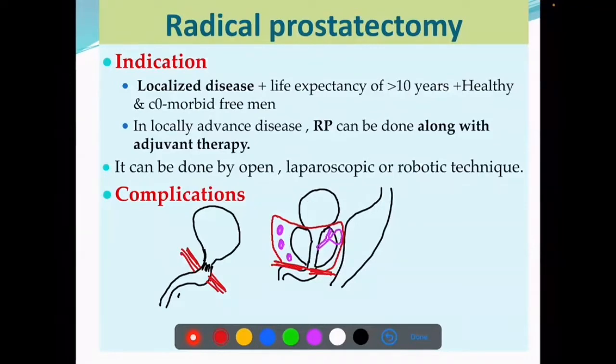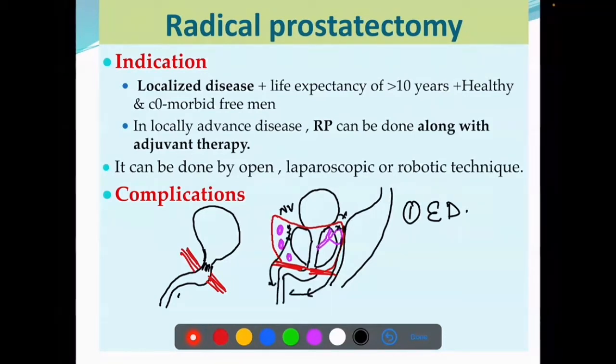So the complication, obviously, is bleeding during surgery. But what are the late complications that may arise? Erectile dysfunction, because there are very fine neurovascular bundles around the posterior surface of the prostate. Okay, that supplies the penis.